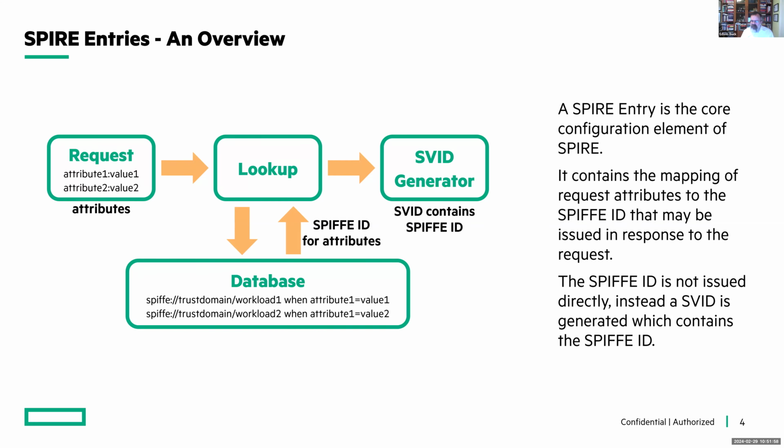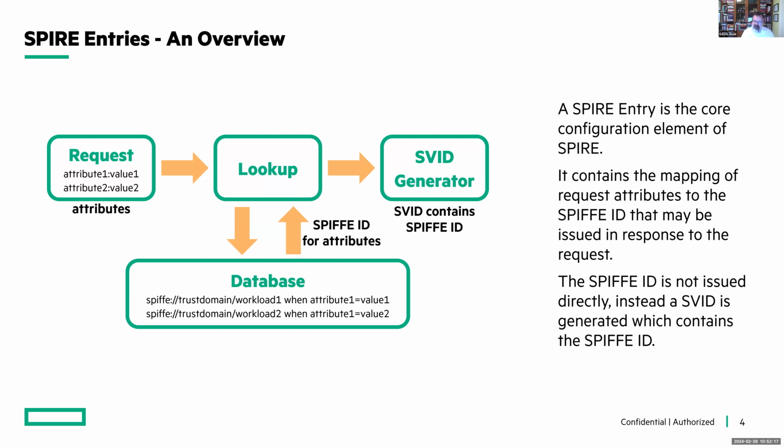Everybody is probably somewhat aware of what a SPIRE entry is, unless you're not yet using SPIRE. A SPIRE entry is effectively the database and configuration elements that are used to receive a request for a new SVID.